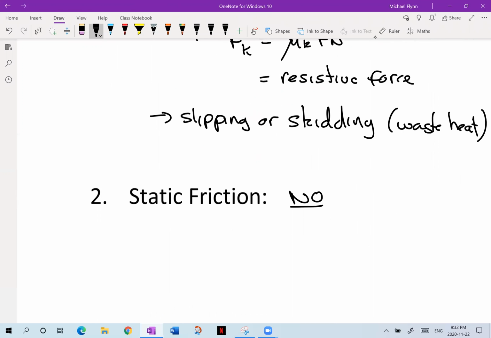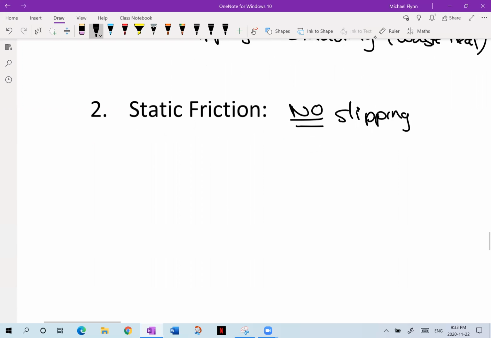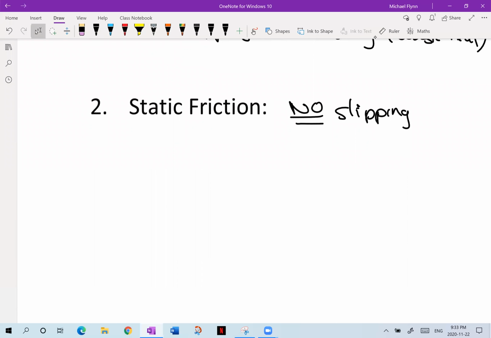There's no slipping or skidding, right? No slipping. So the point of contact between the two surfaces does not slip. Now, when you walk across the floor, you're moving, okay? This does not mean there's no motion. You're moving, but not slipping. And in fact, you're using static friction to propel yourself forward. So that's what static friction is all about.